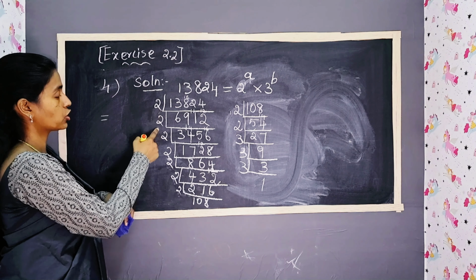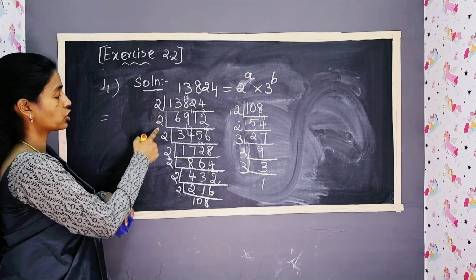So somehow we have gotten the answer in the form of this, right? All these we have gotten from this number only. This number equals this number, right? So 13,824 equals 2 power 9 into 3 power 3.